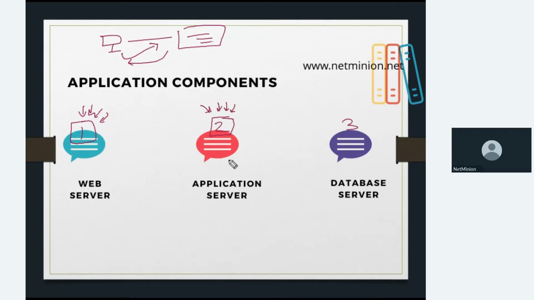Those kinds of dynamic logic need to be introduced. Your web server is not sufficient to handle those kinds of queries. So it is a software framework that comes into the picture, with specialized functionality offered for your business service or application, named as your application server. Okay, that is the second entity of your application.